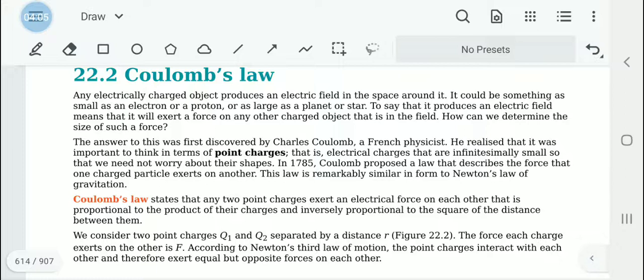Then he brought forward the theory that charges, if considered as point charges, then we can base that principle to explain other theories, right? So this law is quite similar to Newton's law of gravitation. So that means the gravitational field and electric field have a very common basis behind them.